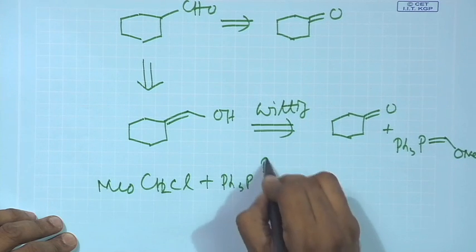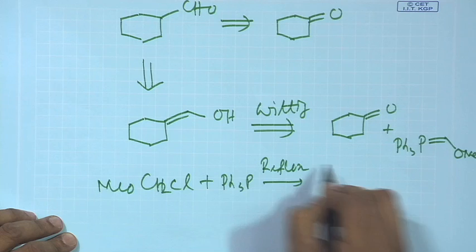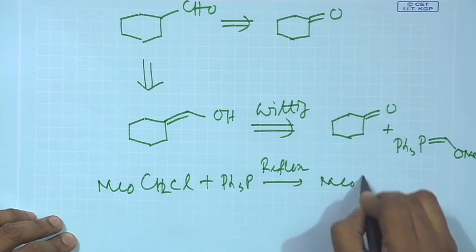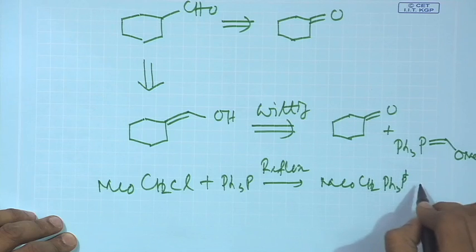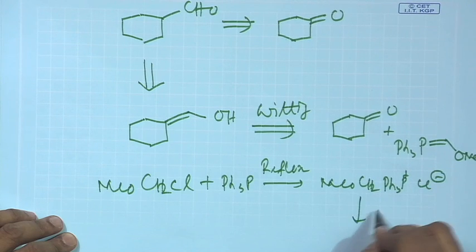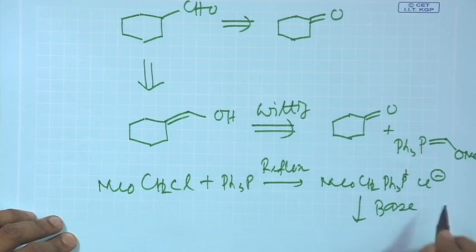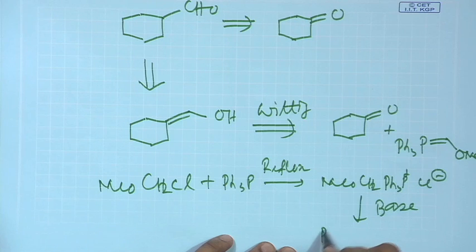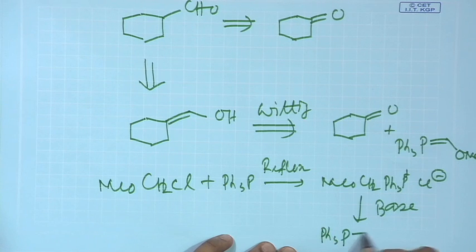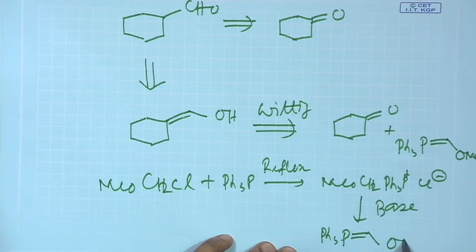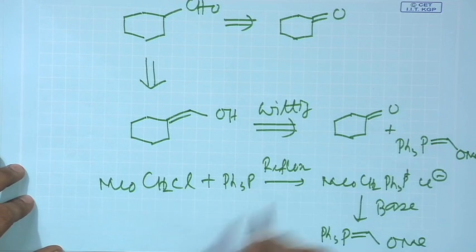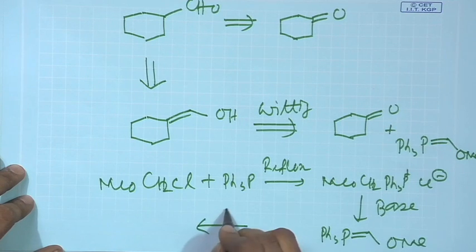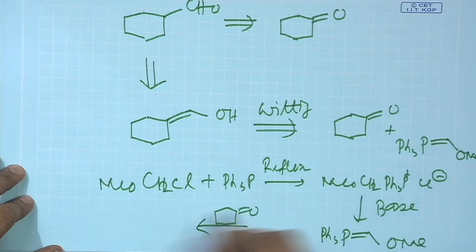You do a reflux, just a reflux, and you basically get MeOCH2PPh3 plus Cl minus. You treat with a base, that will generate this Wittig ylide, and this Wittig ylide will react here with cyclohexanone.